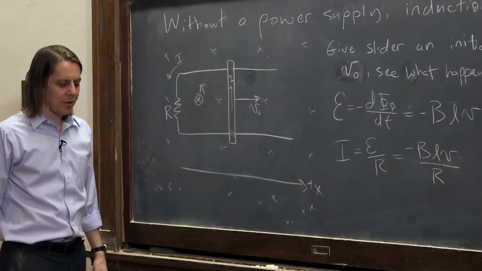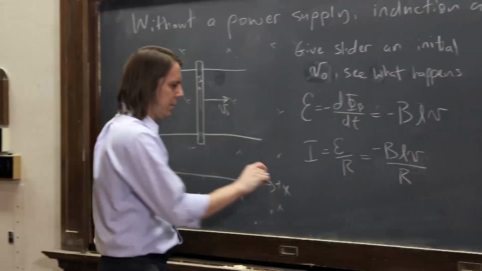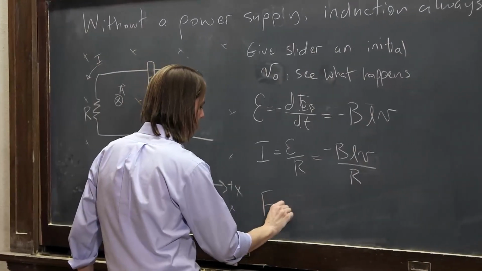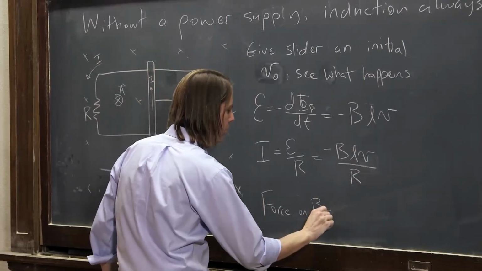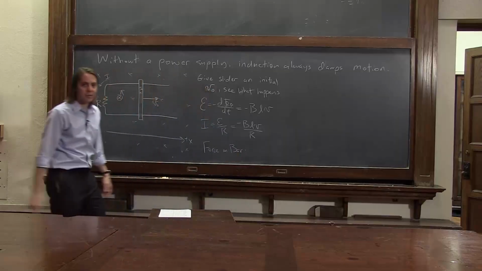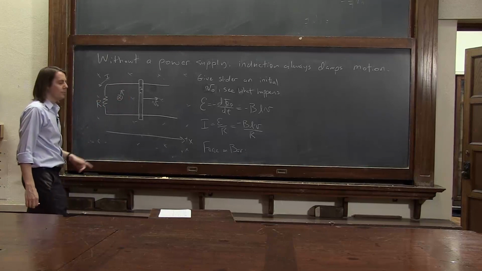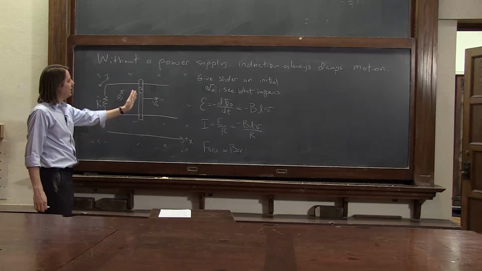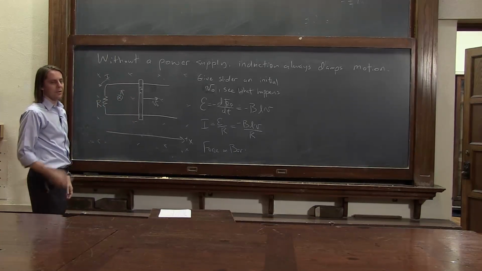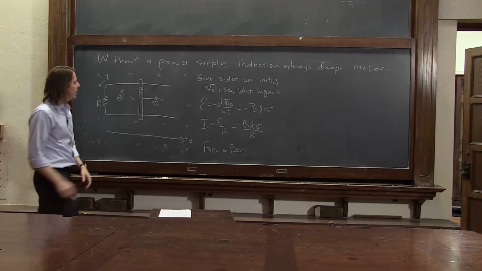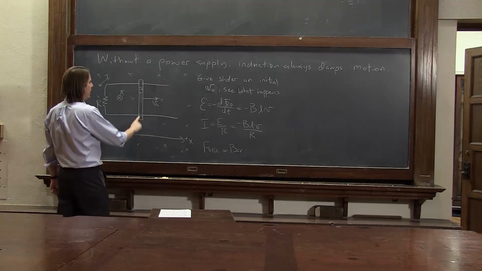Now, let's think about the force on the bar. So if we're going to do kinematics, something has to happen other than just this thing moving. It will experience a force because now it's carrying a current and it's in a magnetic field. There's an IL cross B force. So I is this way, L is also this way.